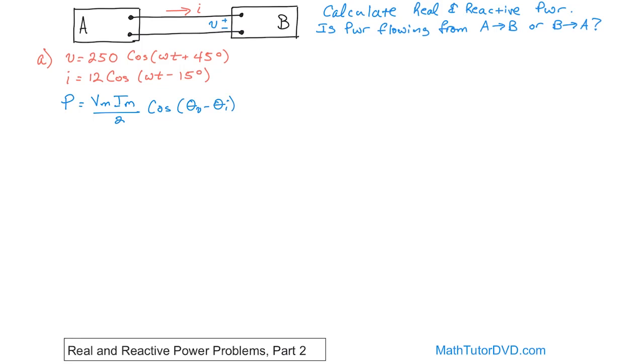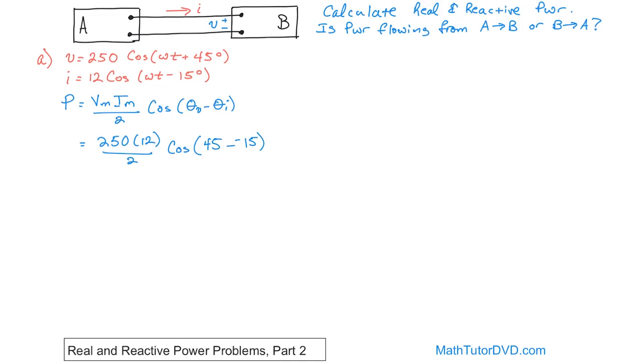For this case, Vm, the amplitude of the voltage, is 250, and for the current it's 12. So it's simply 250 times 12 divided by 2, and then the cosine of this phase angle. The phase angle for the voltage is positive 45, the phase angle for the current is negative 15.